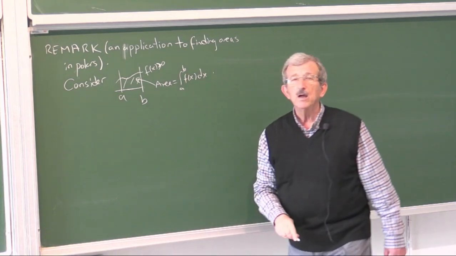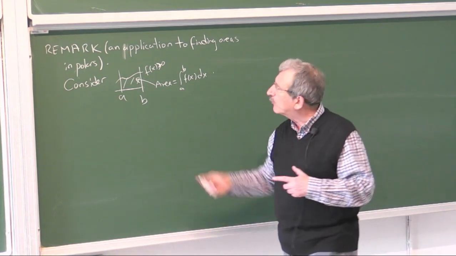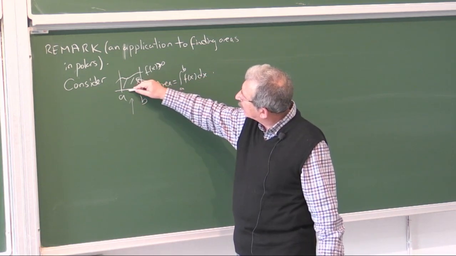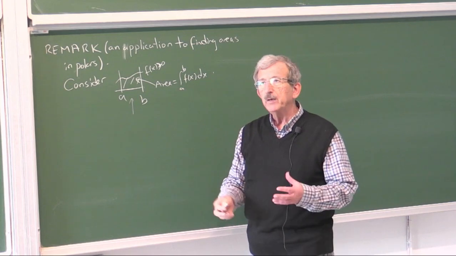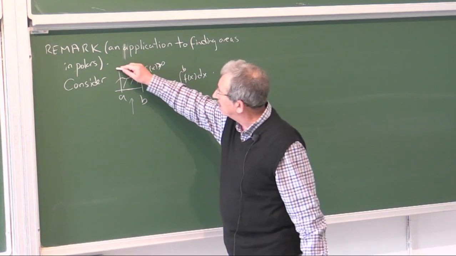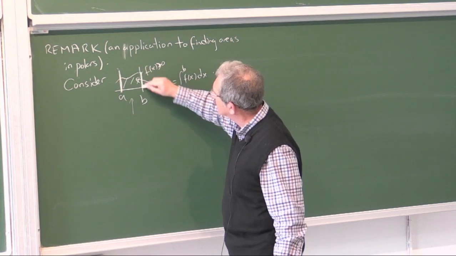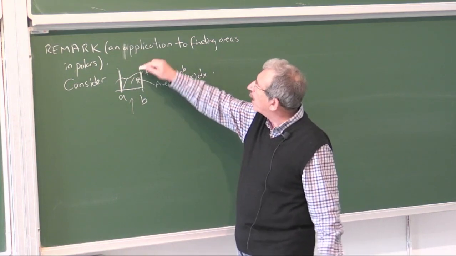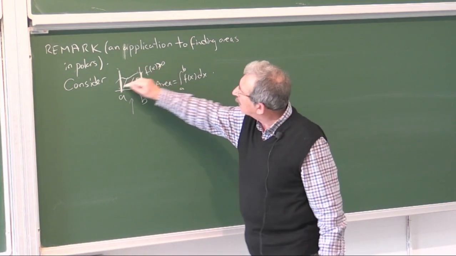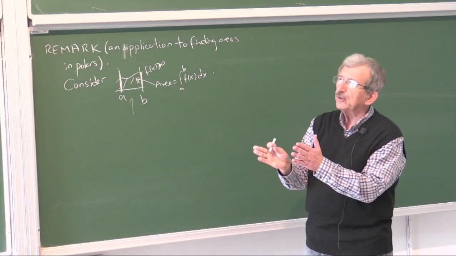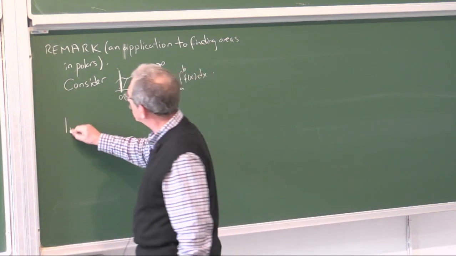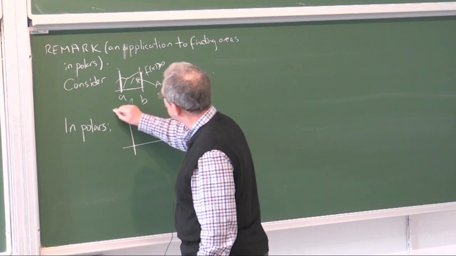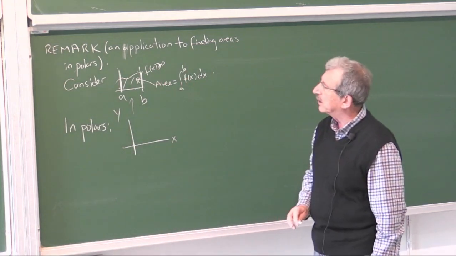Now in polars, what do we have? Of course, here, note that our y variable changed from a curve to a curve, and the other one between constants. So these are straight lines here. Now, in polars, if r changed from 0 to a positive value, the other variable, theta, should change between 2 constants. So, in polars, this looks like, well, again in the xy system, I'm making my sketches in Cartesian system.